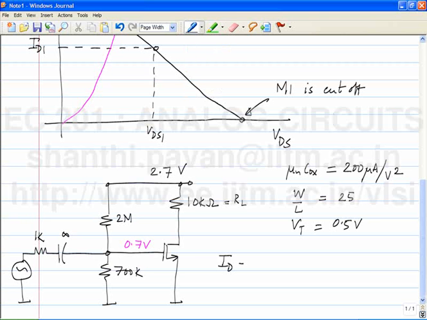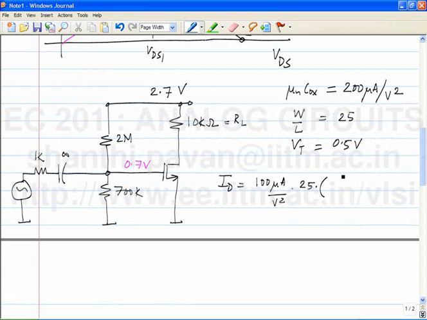ID is 1/2 mu n Cox, which is 100 microamperes per volt square, times W by L, which is 25, times VGS minus VT whole square, so it's 0.2 the whole square, and what happens? Voila, it is 100 microamperes.